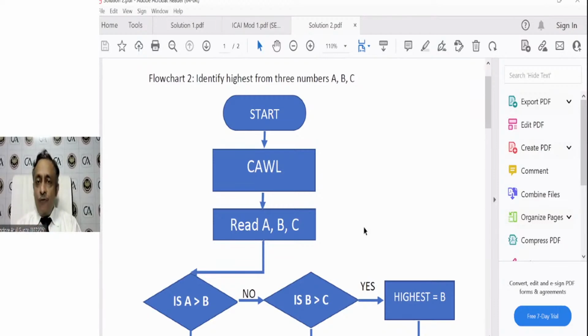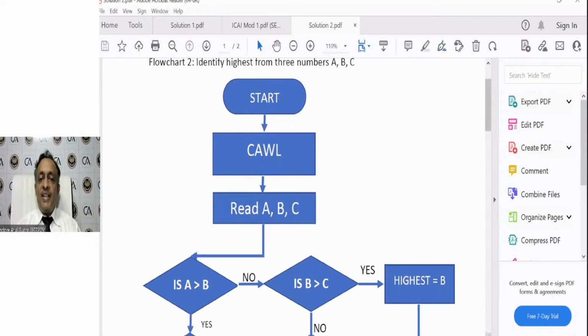So start symbol we have talked about. Then we have this clear all working locations, so that is any pre-decided value that is there. Then read, so it is reading ABC. What is the objective? To identify the highest number from given numbers. So first read ABC.